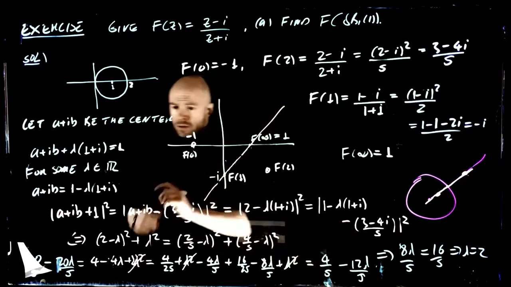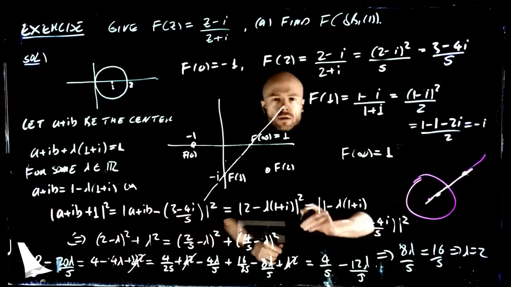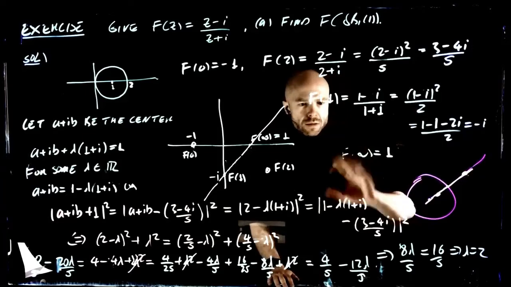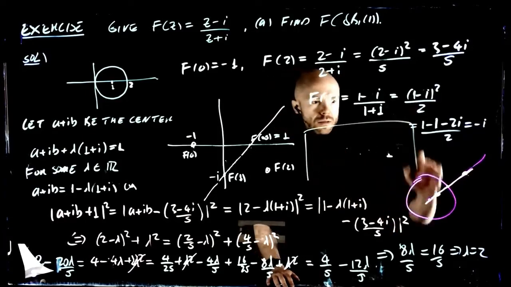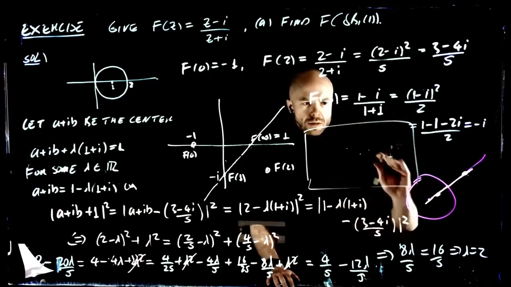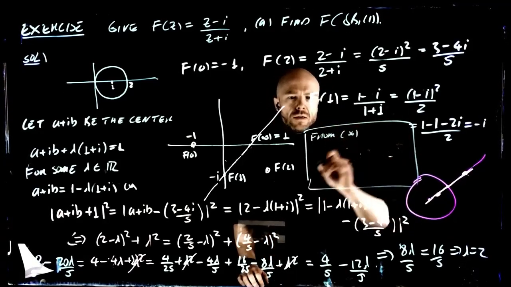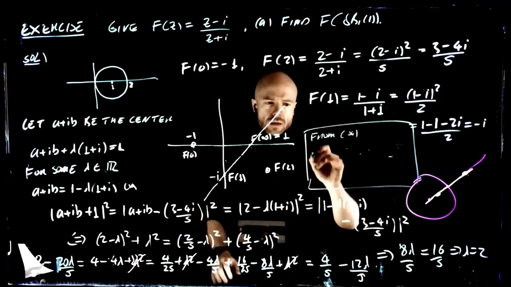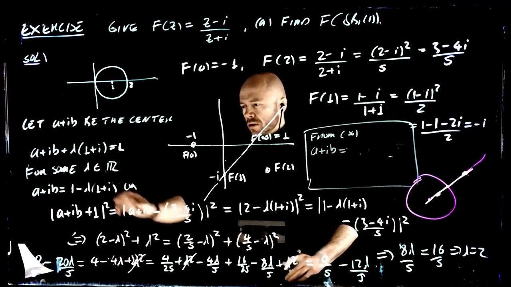So, from star, this implies that our center, A plus iB, has to equal this thing.